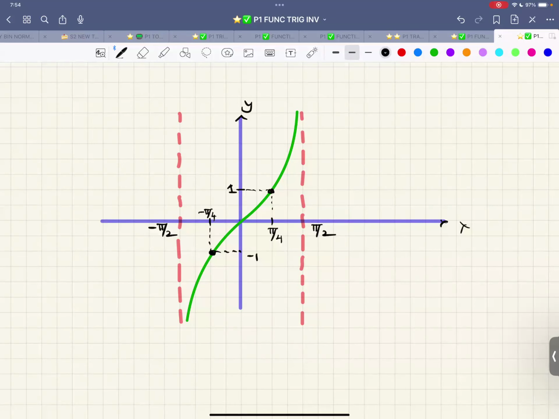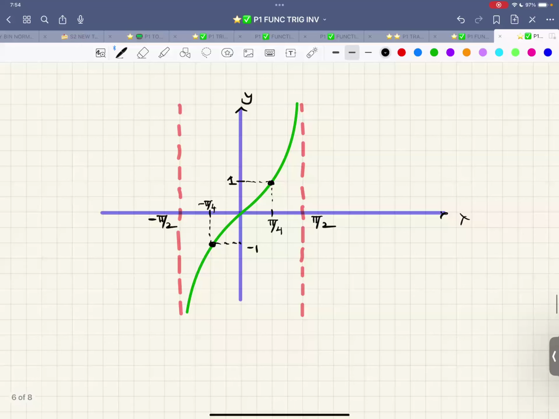And this time, let me first write y equals tangent x. This is y equals f(x). So what is the domain? The domain is x between -π/2 and π/2, and it's not inclusive.